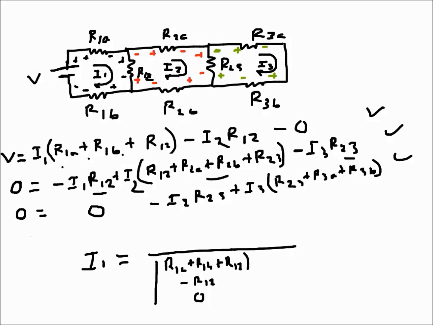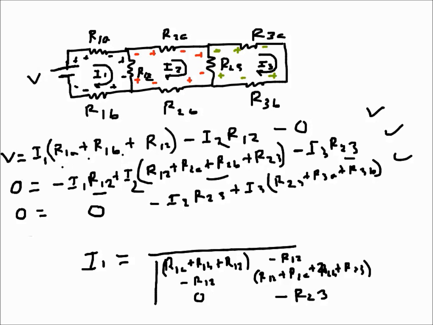The second row will be the coefficients of I2, which is negative R12 here, then R12 plus R2A plus R2B plus R23, and negative R23.